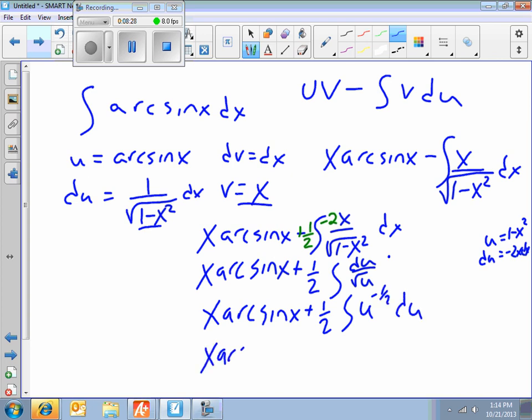The integral of u to the negative 1/2 is u to the positive 1/2, dividing by 1/2, same as multiplying by 2. And remember, my u was 1 minus x squared. So those cancel out and leave me with the integral being x arc sine x plus the square root of 1 minus x squared.